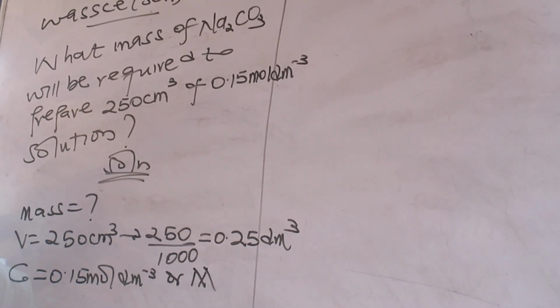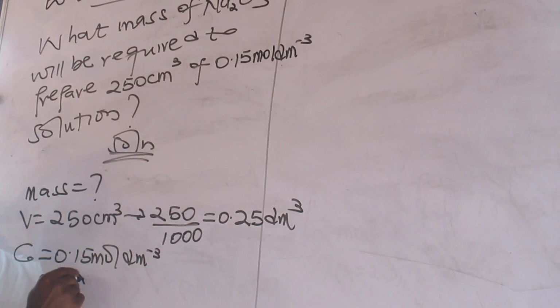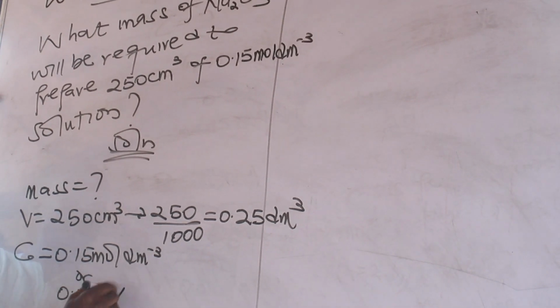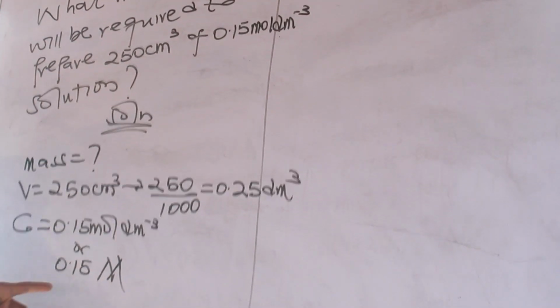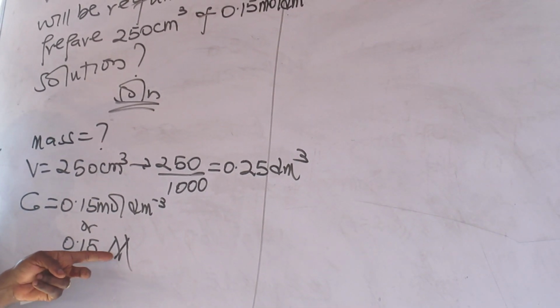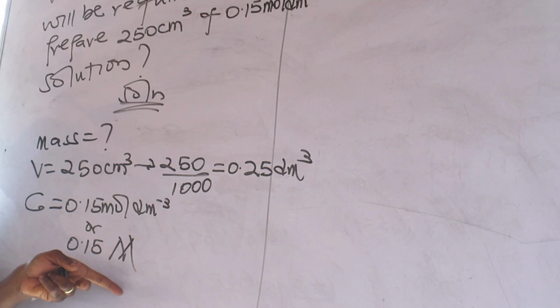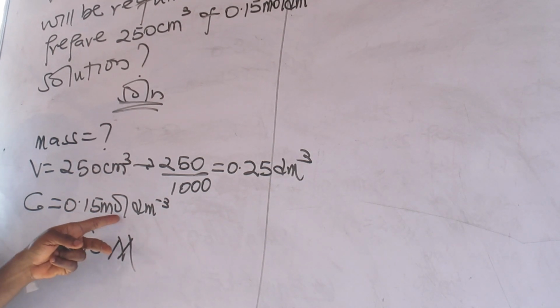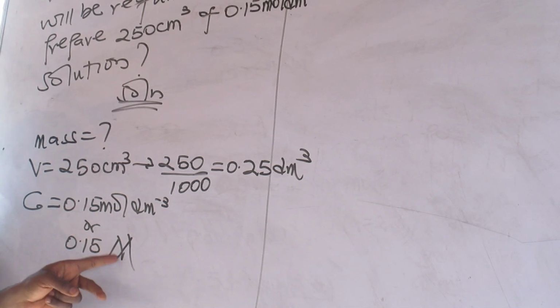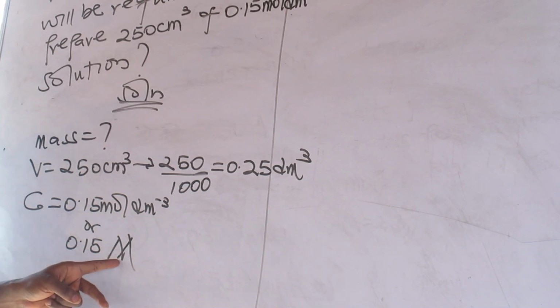You can write this like this, the same as writing this. So this is molar concentration, right? It's not molar mass, please. If it's molar mass, it will be a symbol. So a mole per dm cube is molarity, it's the same as just molar, okay? So whenever you see this, it is also a concentration.